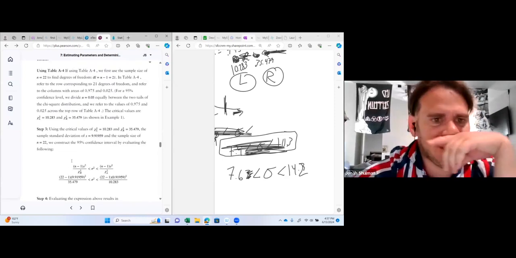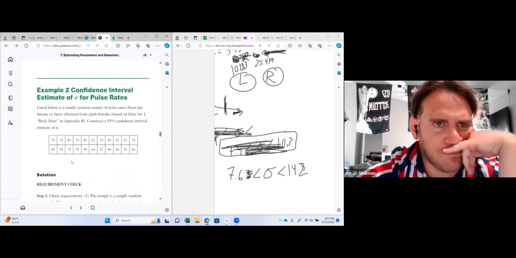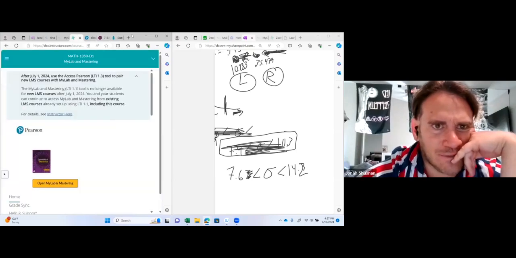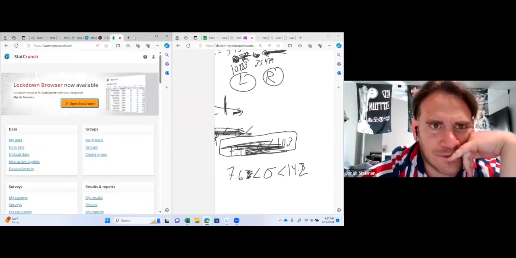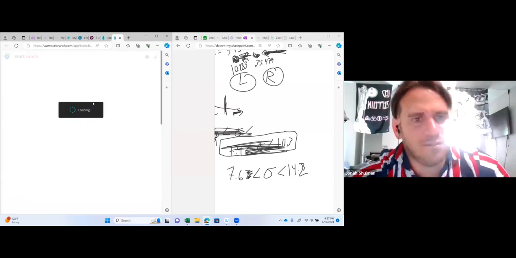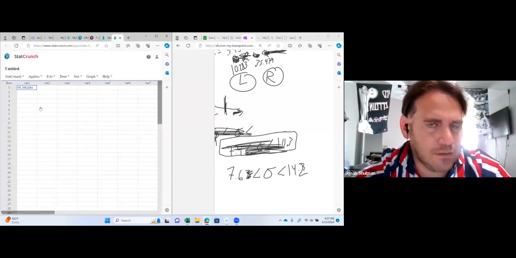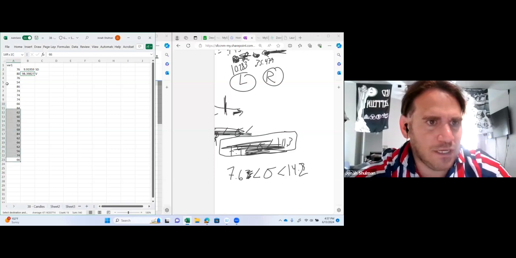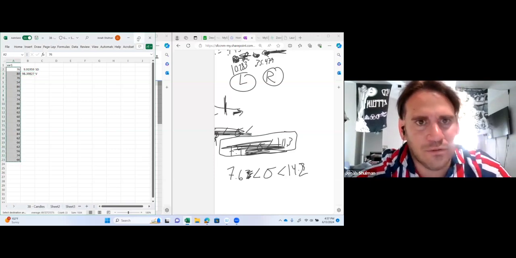All right, let's see if we can do this with, I guess StatCrunch. Let's try with the StatCrunch. I should have all the data copied already, ready to go.